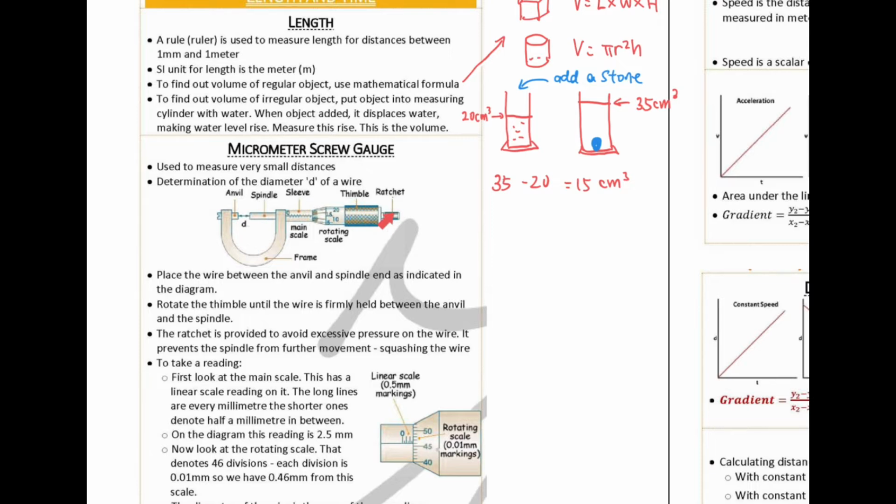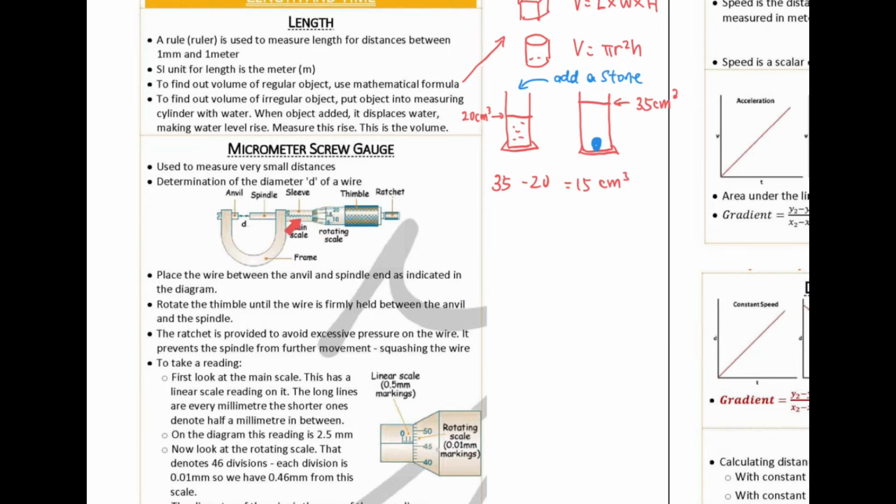The ratchet will produce sounds showing that you have already tightened this part to measure the wire. You cannot keep turning the thimble until it puts too much pressure on the wire. So the ratchet will control the pressure. When you hear the sound tap, that means the pressure is okay already, and then you can read the diameter of the wire by reading the main scale and the rotating scale.